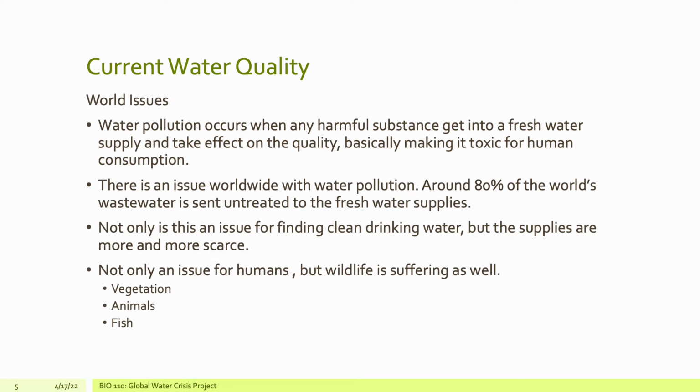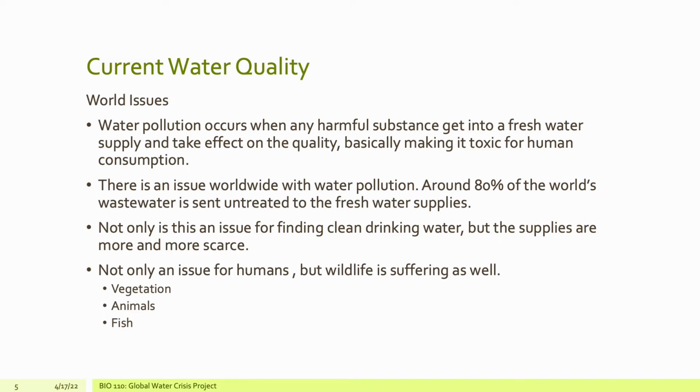So when we're talking about current water quality, obviously the world is going to be affected by this. So water pollution occurs from any harmful substance that gets into our fresh water supply. Basically, it takes effect on the quality, making it toxic for our human consumption.